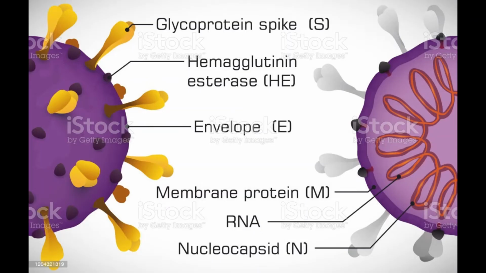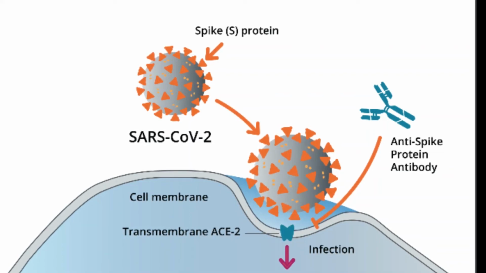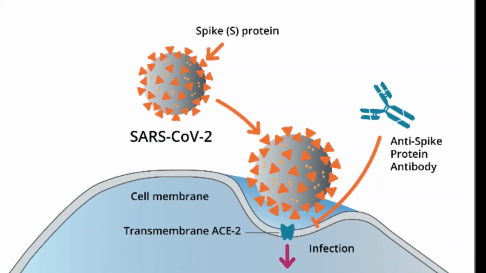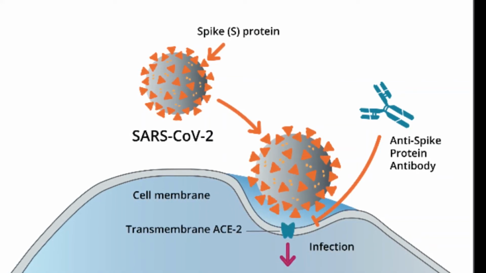The capsid protein N is bound to the RNA genome and makes up the nucleocapsid. It is effective in replication of the virus as it packages the genome into the virions. The spike protein S is important for binding to host cell receptors for viral entry. It binds to a receptor known as ACE2.